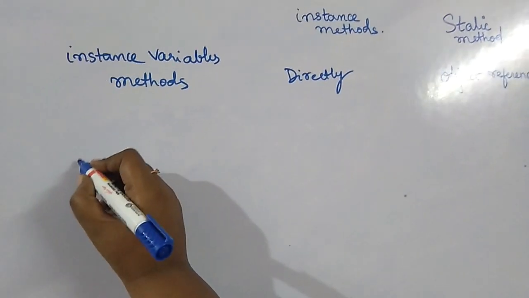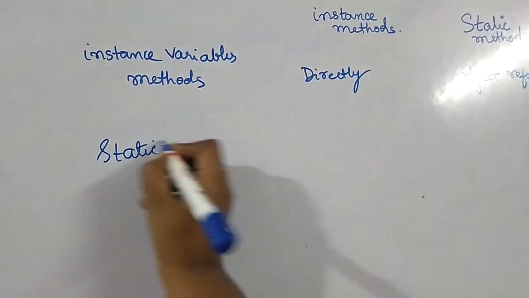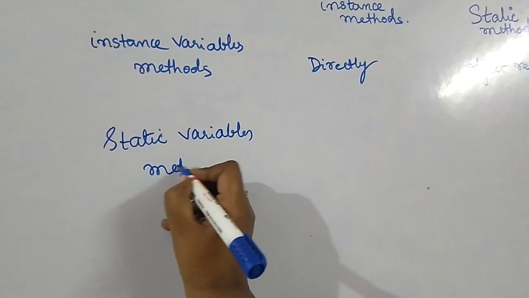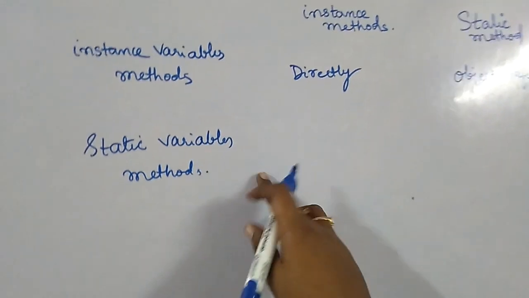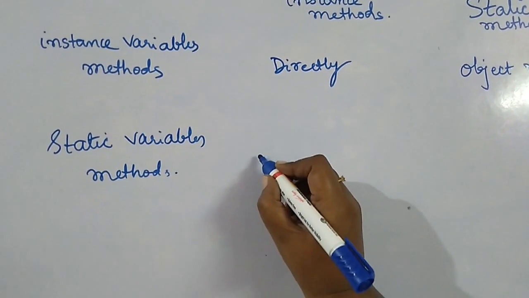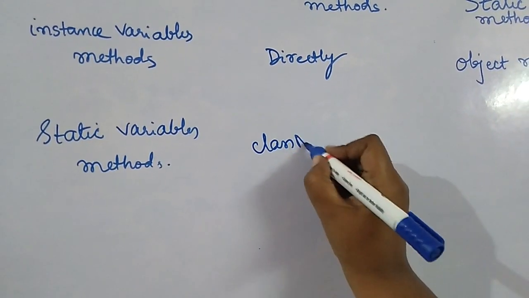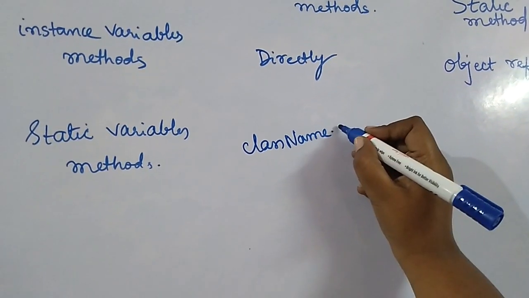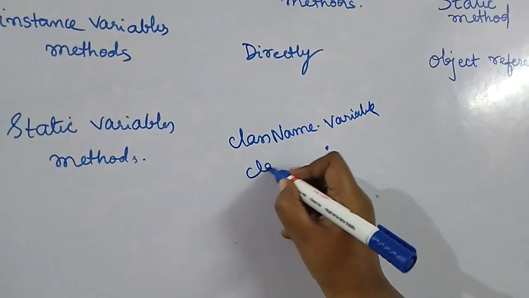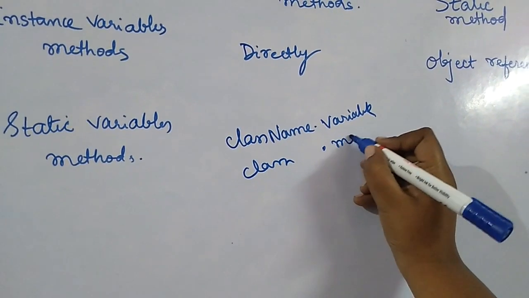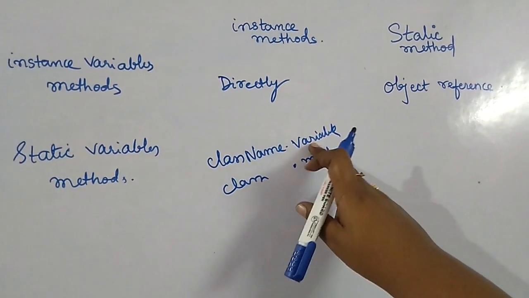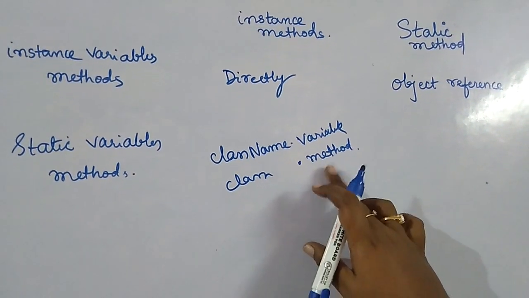Now coming to this part, the static variables and the static methods. How can you access them from an instance method? They can be accessed by the class name dot the name of the variable, or the class name dot the method. If they are in the same class, then they can be directly accessed, like call by variable and call by method.